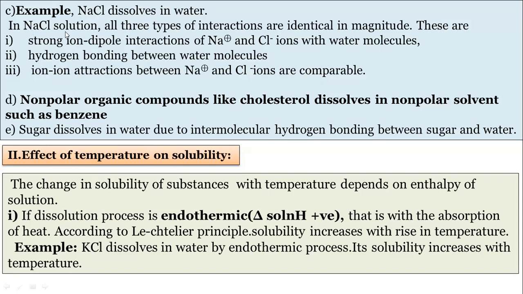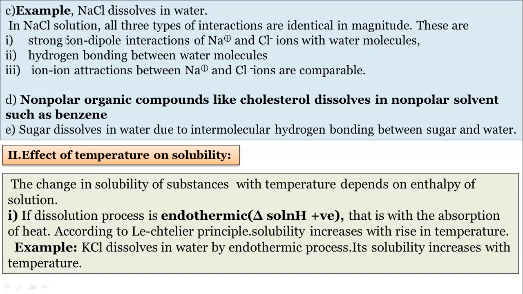So in NaCl solution, there are 3 types of interactions. Which are these 3 types? First, strong ion-dipole interactions of Na+ and Cl- ions with water. Second, hydrogen bonding of water molecules. And third, ion-ion interactions between Na+ and Cl-.